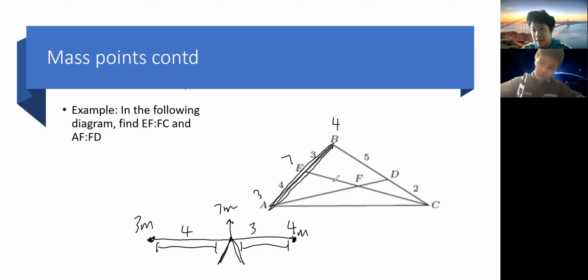Because that's how it would balance, right? A is 4 away from E, B is 3 away from E, which means that B has to have a mass of 4 and A has to have a mass of 3. And since E is in between them, we add the two weights on both sides to get 7 in the middle. Okay, now let's do the same thing here.